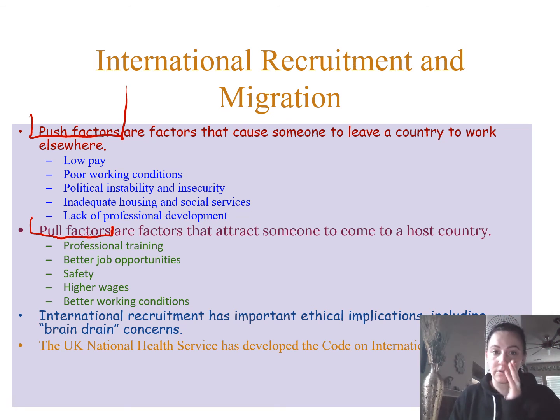You're losing a bunch of intelligent, qualified professionals that could make your country great and could be helping your people, but they're leaving. That's a brain drain. And brain gain refers to the countries that gain those highly qualified individuals.